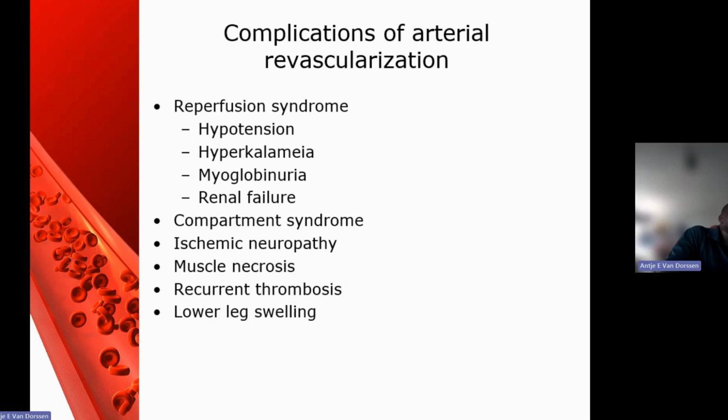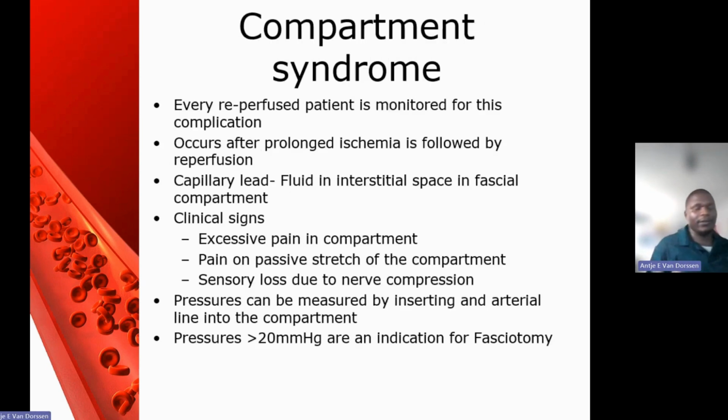We will also see patients having compartment syndrome because they become edematous. They will get ischemic neuropathies, sometimes muscle necrosis, and sometimes the thrombosis recurs and they'll have that lower leg swelling.